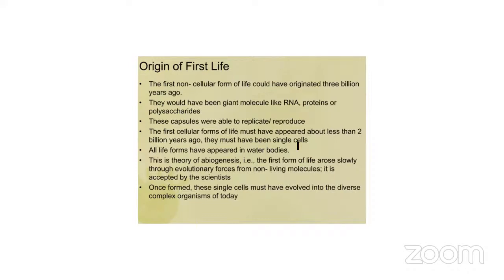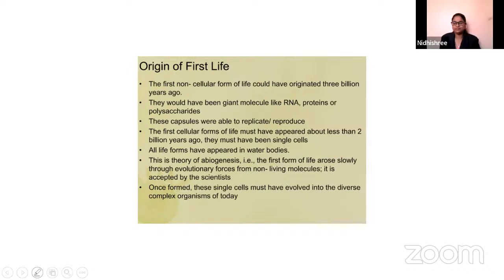All life forms have appeared in water bodies. This is the theory of abiogenesis. The first form of life arose slowly through evolutionary forces from non-living molecules. It is accepted by the scientists. Once formed, these single cells must have evolved into the diverse complex organisms of today. Okay. Thank you, Soundarya. So this is the theory of abiogenesis, which was accepted by the scientists.